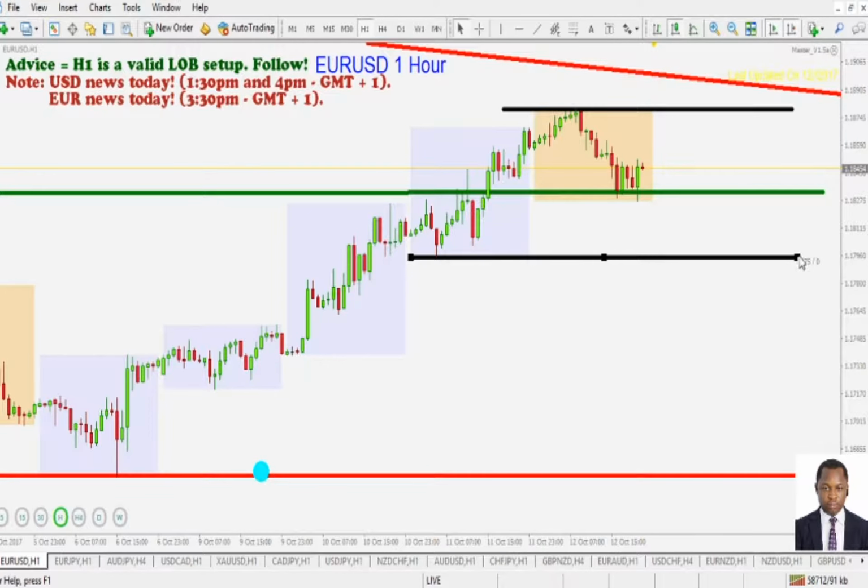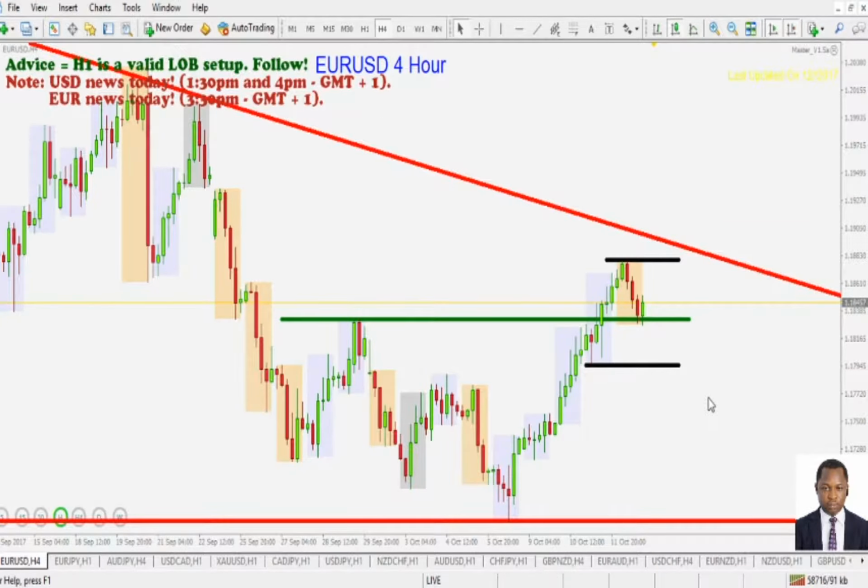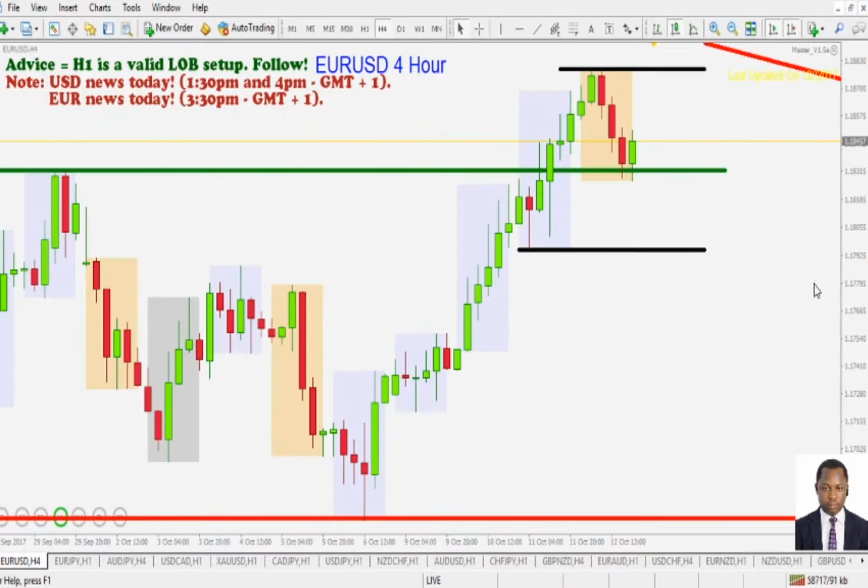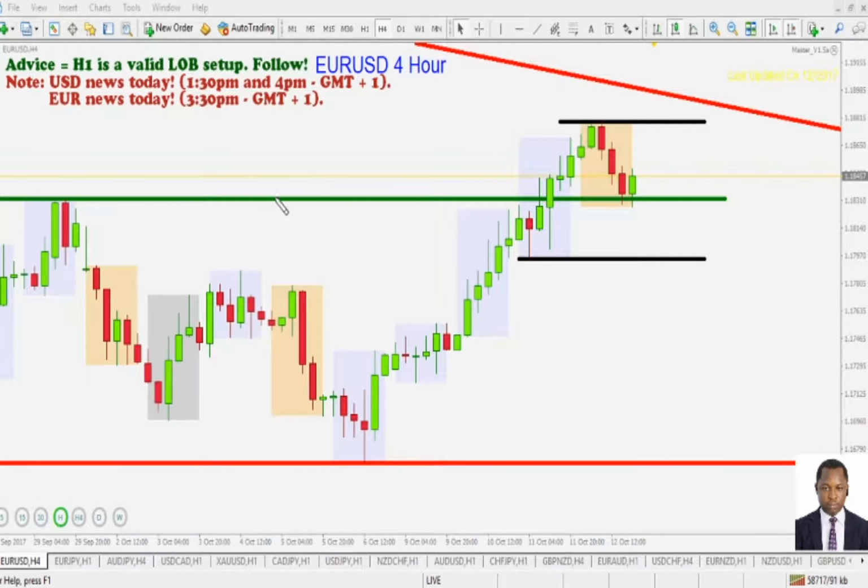Okay, let's see the 4 hours level of support. This green line right here. Let's zoom into the 4 hours time frame and see what we have. You can see that 4 hours level of support, that one right here. Price is already reacting off that level. If this candle closes just the way it is right there, that is a signal to go long.